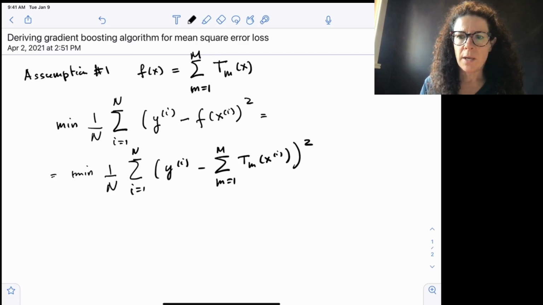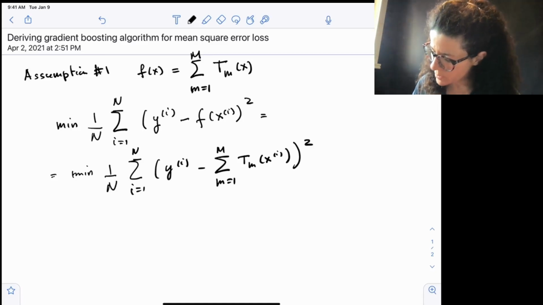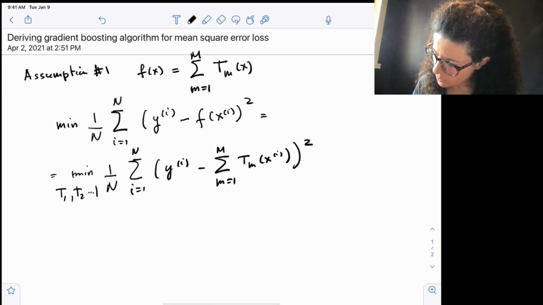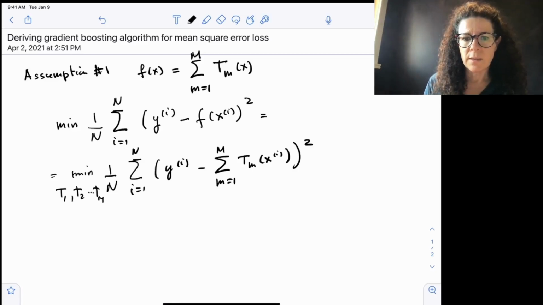Where we are talking about minimizing this, with respect to what are we minimizing? We actually want to find M trees, or M base models, that will minimize all of this. So this is with respect to T_1, T_2, up to T_M. It turns out that solving this problem exactly is very hard.